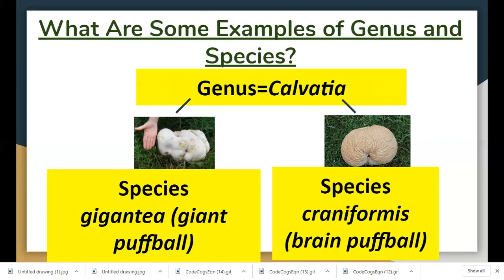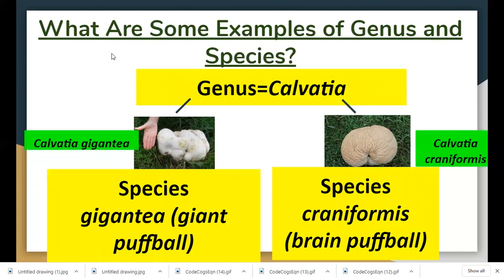That's the brain puffball. Can you tell me why it looks, or why it's called the brain puffball? Because it looks like a brain, right? Sort of resembles a brain. So this species of mushroom has scientific names, Calvaceae gigantea and Calvaceae craniformis. They're both in the same genus, but different species.